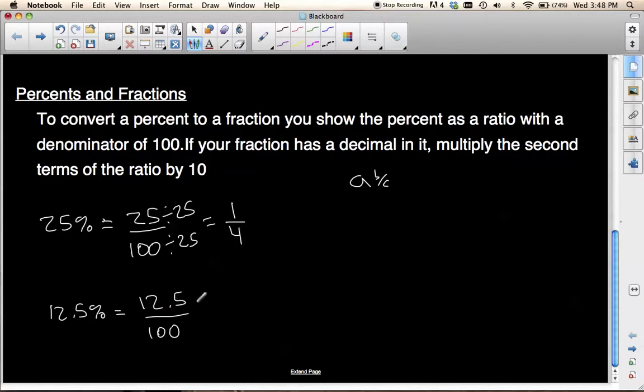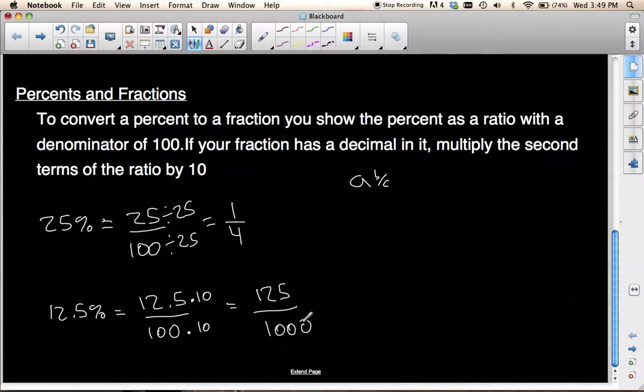So what you need to do is, if your fraction has a decimal in it, multiply the second term of the ratio by 10. So I would multiply 12.5 by 10, 100 by 10. Whatever you do to the numerator, you have to do to the denominator, which would give me 125 over 1,000.